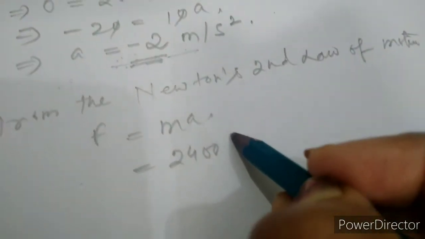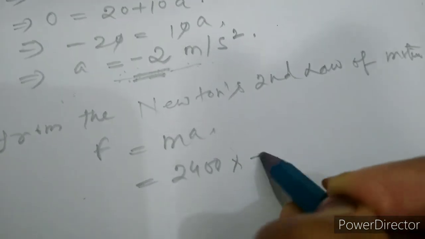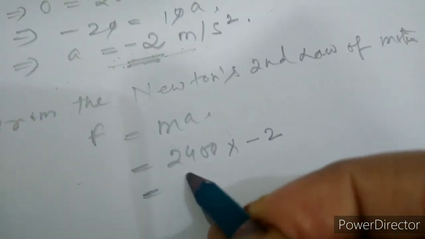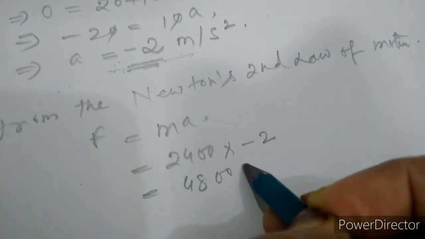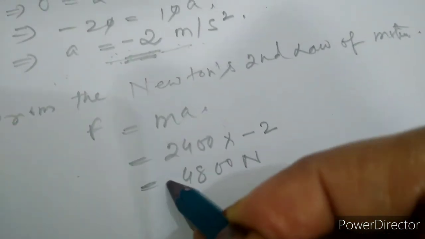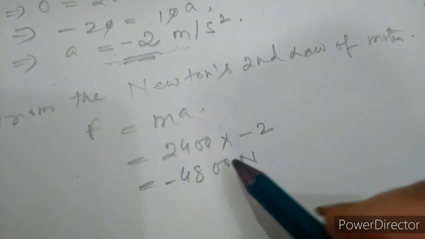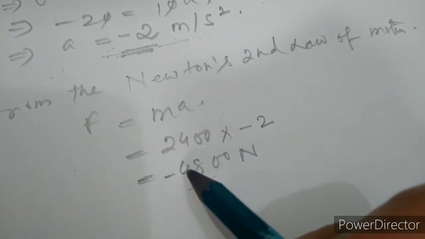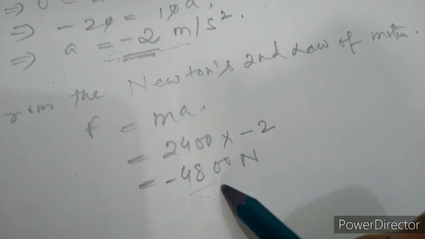And A you have just got it, that is minus 2. So it is 4800 Newton, but negative sign. So negative sign means that it is retarding force. If it is minus sign, that means it is retarding force.